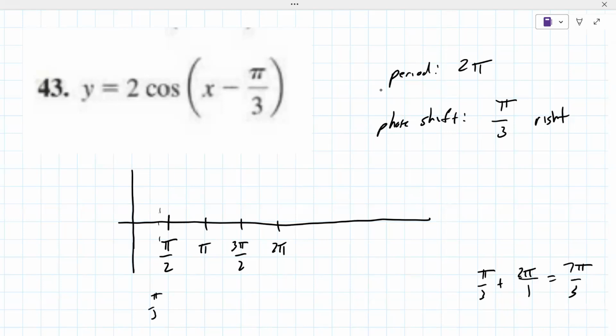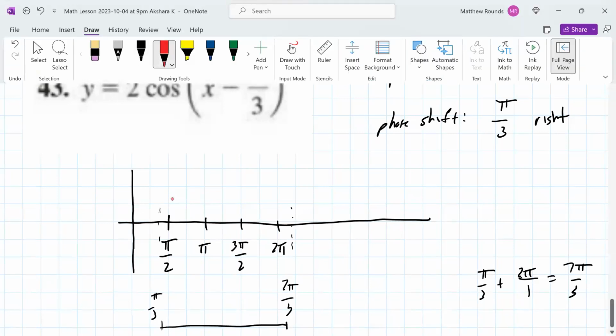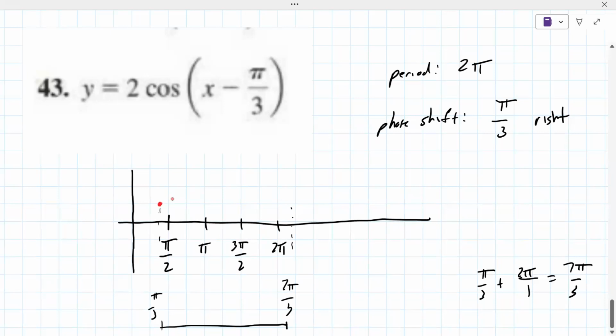So where is that? Well, it's right of 2 pi, so it's right about there. This is the awkward part of graphing something pre-organized, because then it's like, where does the other stuff go? Well, we know that cosine goes down and comes back up like that.